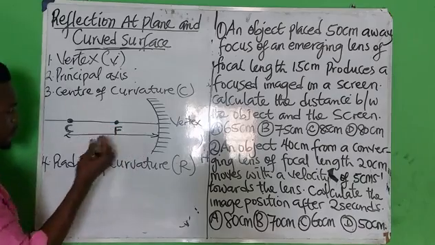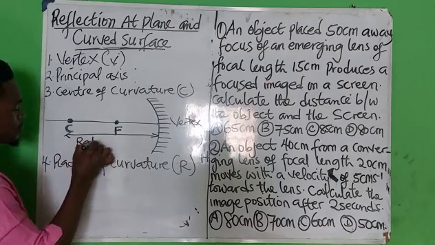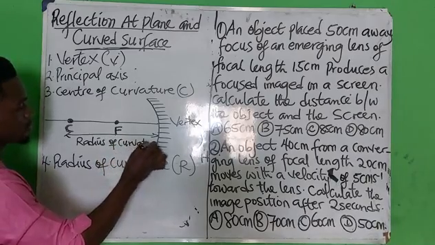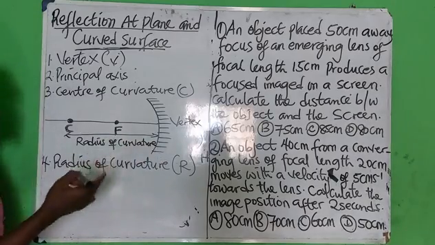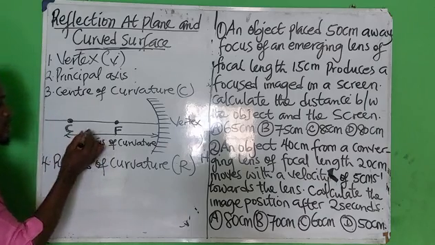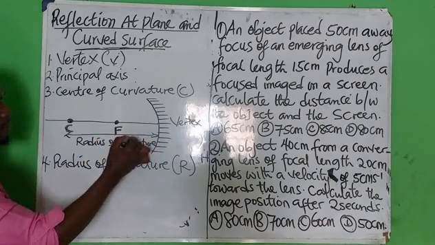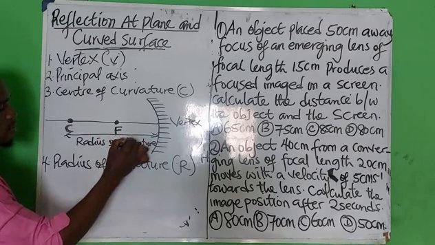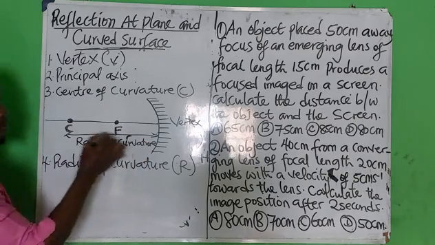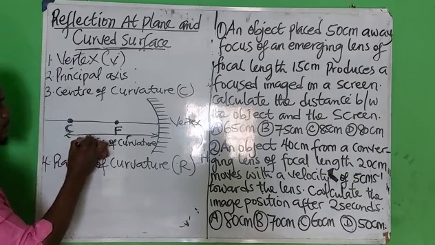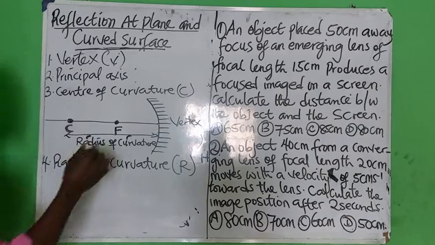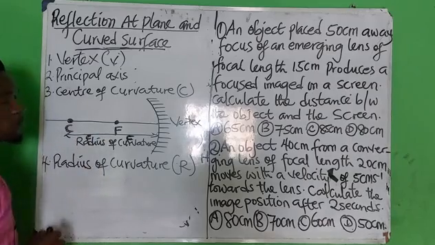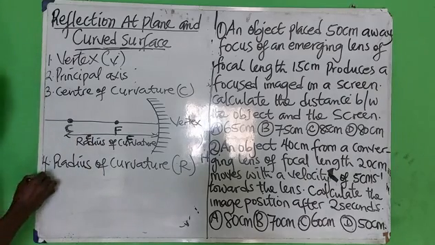This distance is called the radius of curvature. From here to F is one radius, and from here to here is another radius. I have F.